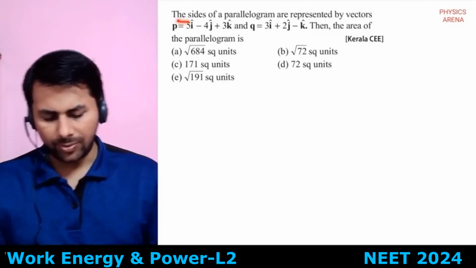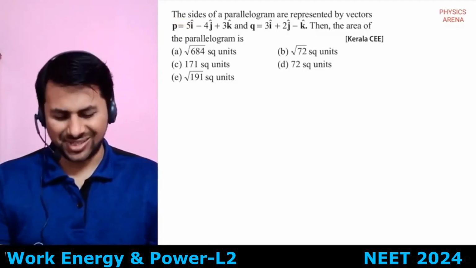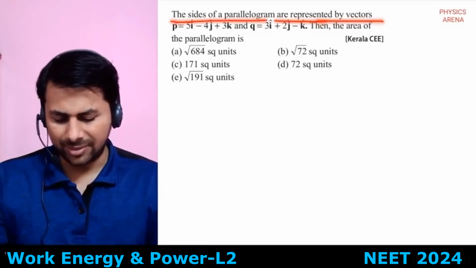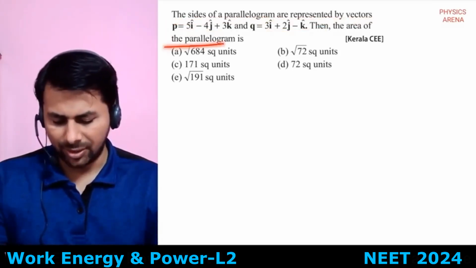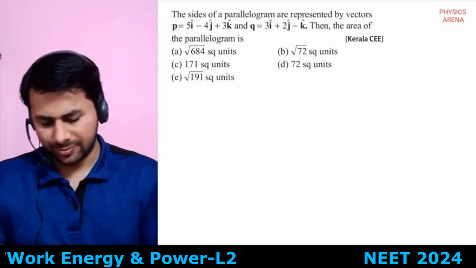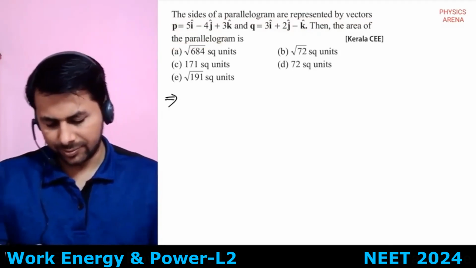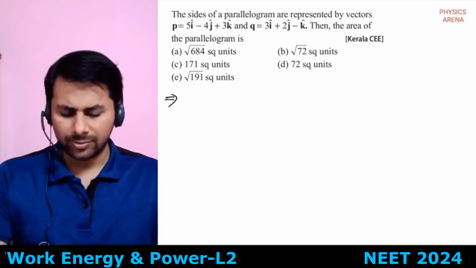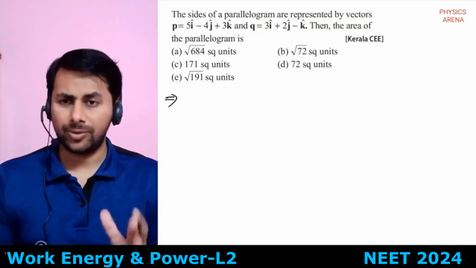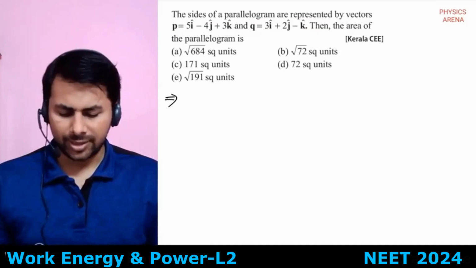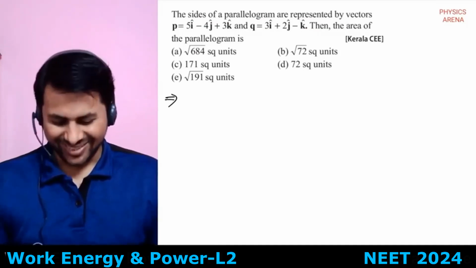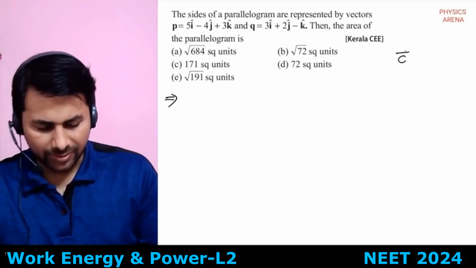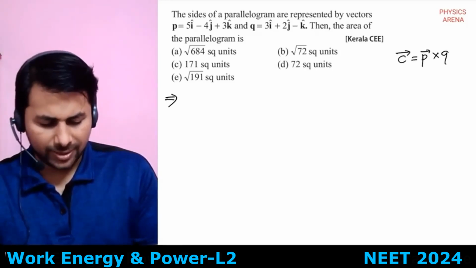Then you have area of a parallelogram. So this is also the same thing. The sides of a parallelogram are represented by these two vectors. Then area of a parallelogram is magnitude of, but these are P and Q. Anyways, suppose C bar equals P bar cross Q bar.